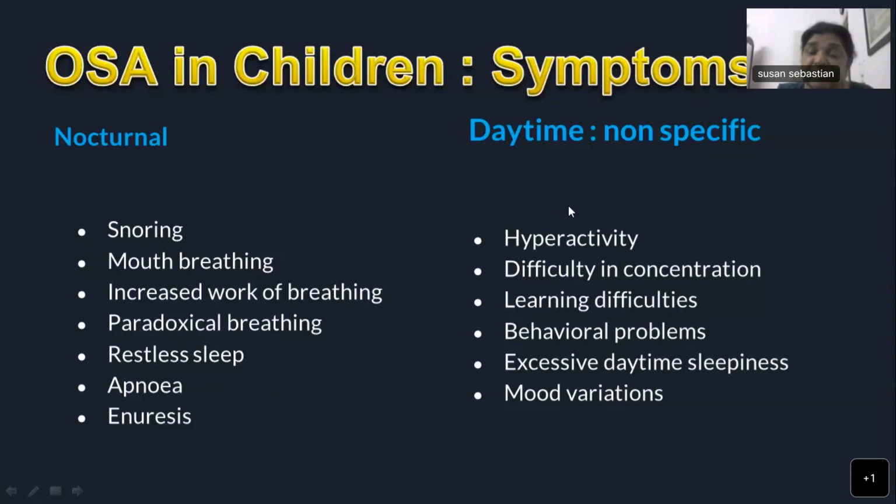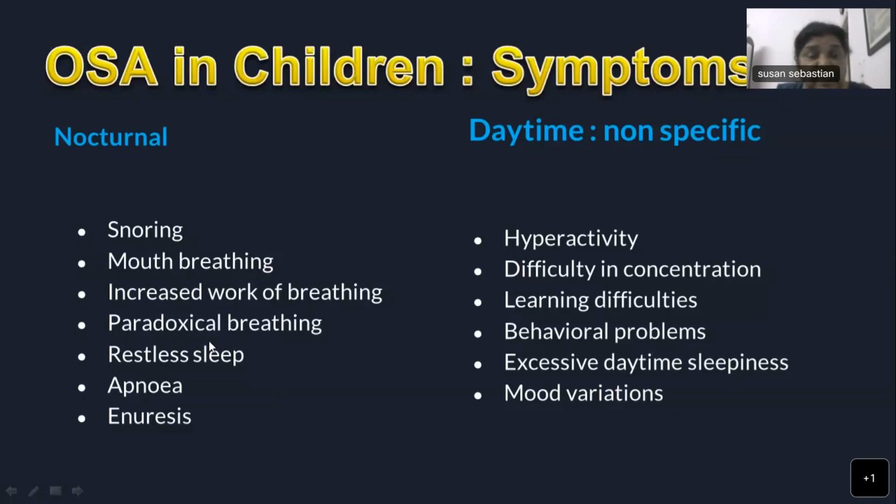But daytime symptoms are very, very non-specific in children, and it can manifest as hyperactivity, difficulty in concentration, learning difficulties, behavioral problems, excessive daytime somnolence. Sometimes you see mood variations. So children may not come to us with these symptoms.